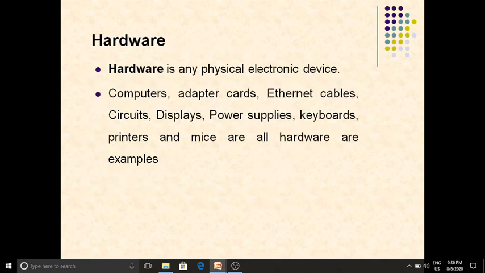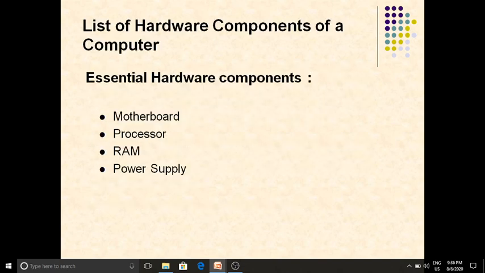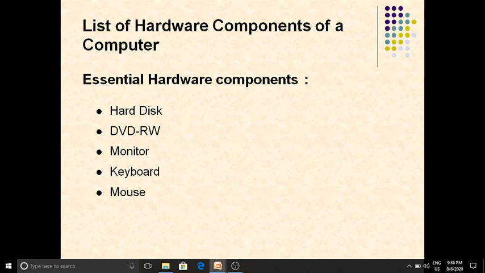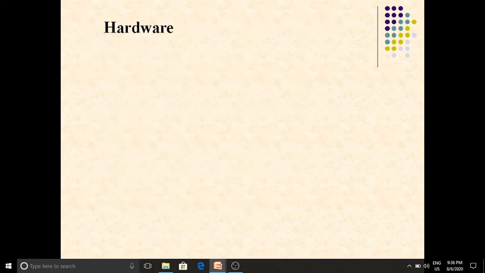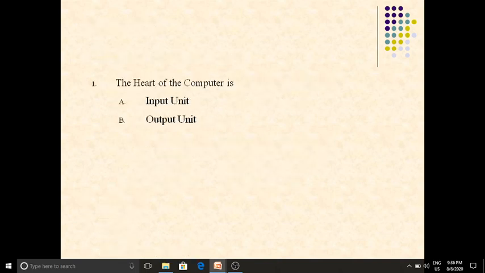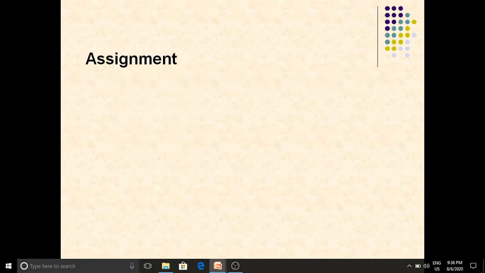And we have seen what is hardware, software and firmware. And also we discussed the list of hardware components of a computer which are essential and which are optional. We have also discussed some of the quiz questions in the class, and we have seen previously asked questions also.